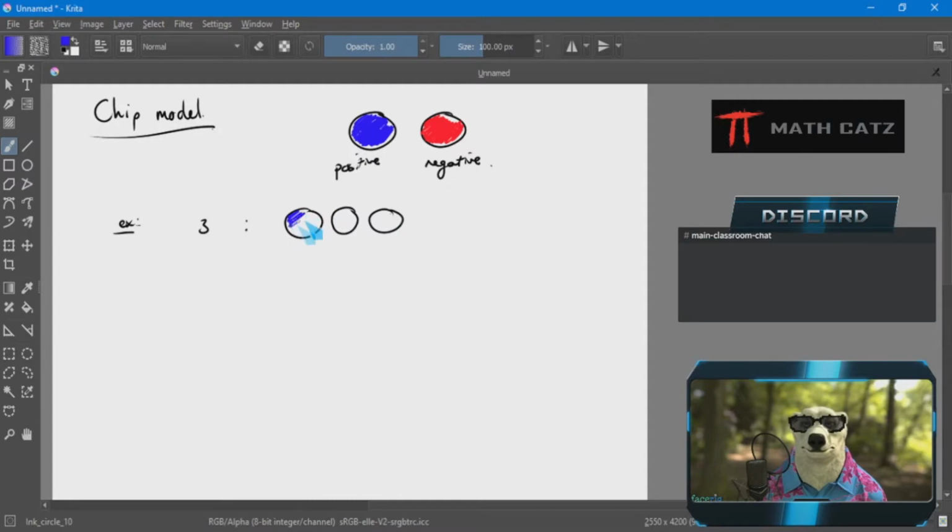Now I'm just amusing myself by coloring them, but I'll try and not waste your time too much. So I represent 3 things. Well, then you put 3 positive chips on the table. So the blue chips are going to represent things that I have. Right? I possessed 3 things.